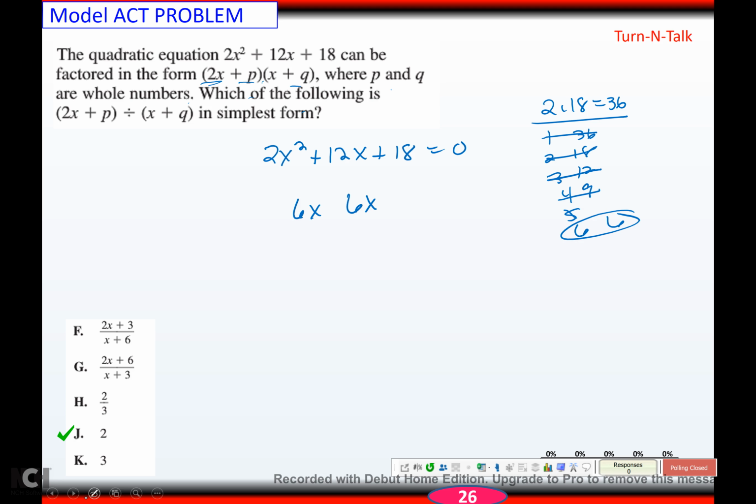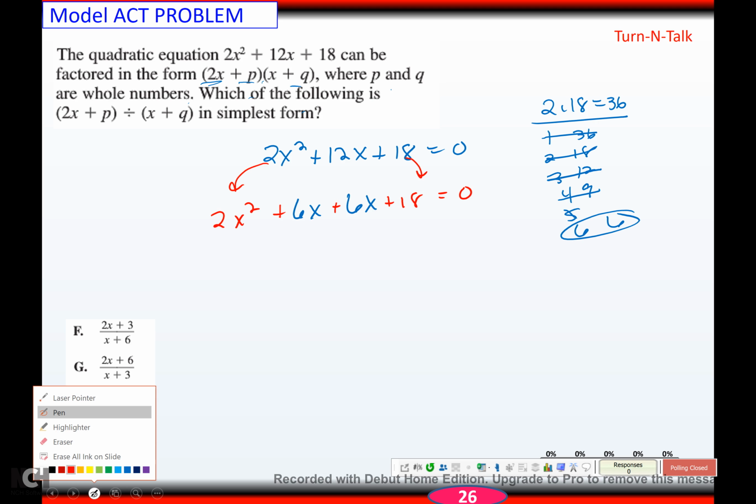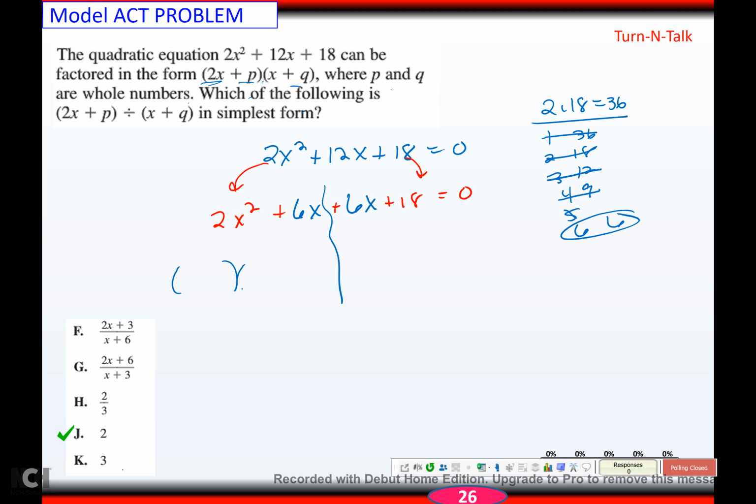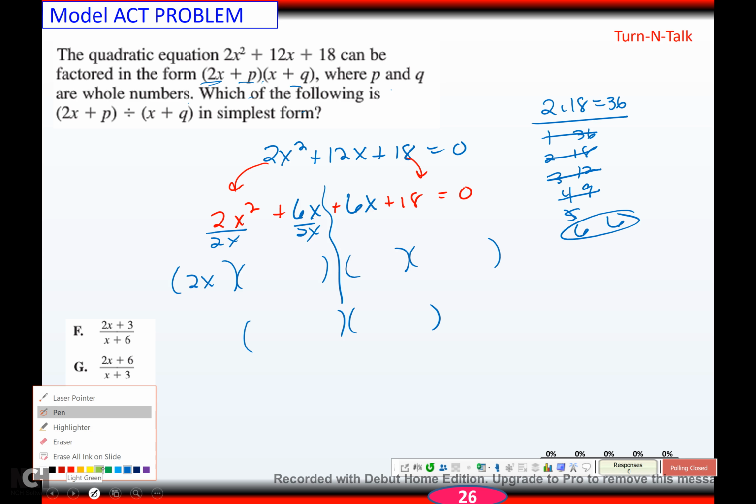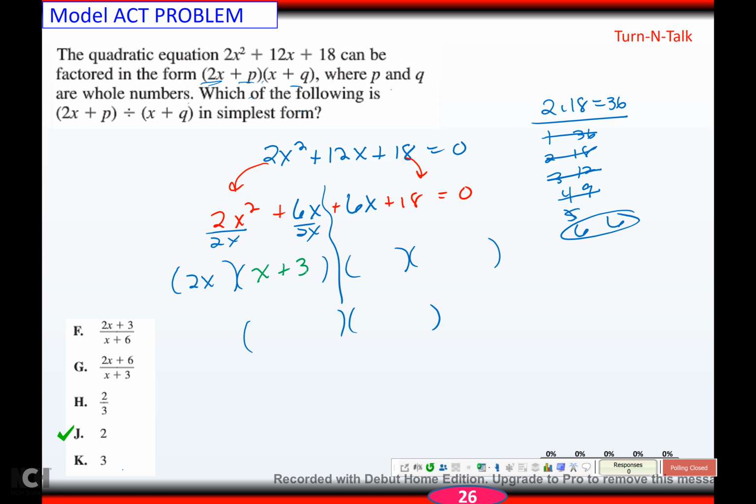C is positive. So signs have to be the same as the middle, which is plus. Bring down the first, bring down the last. Now we're at 2 by 2. GCF again. I can factor out a 2x, divide, and that's going to leave x plus 3.